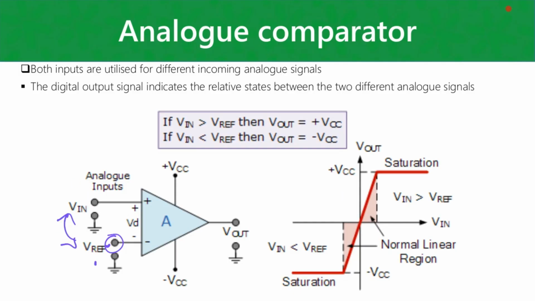It's just going to influence what your output signal is going to look like. But as we have it here, if your input is bigger than your reference signal, then your output is going to be driven to plus VCC, towards the supply voltage of your op-amp. And if your input is less than your reference, then your output is going to be driven to minus VCC.